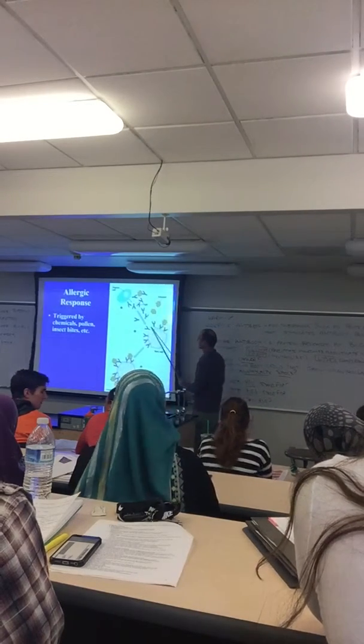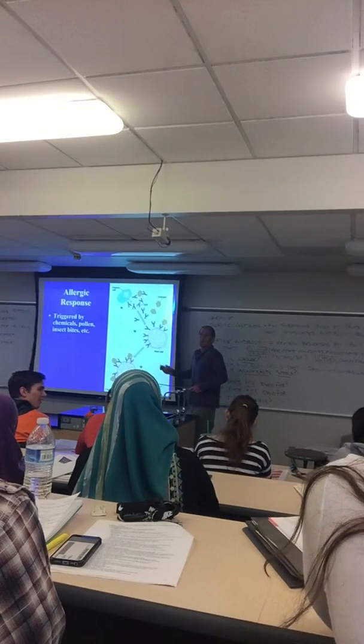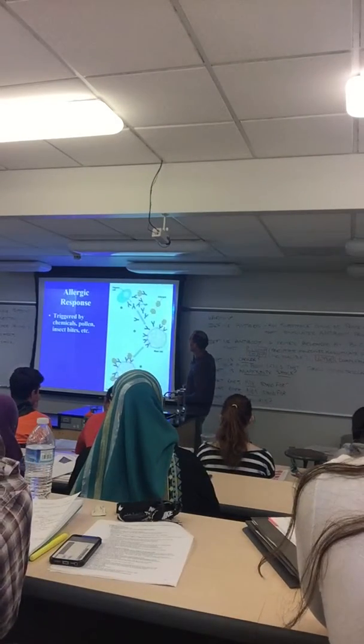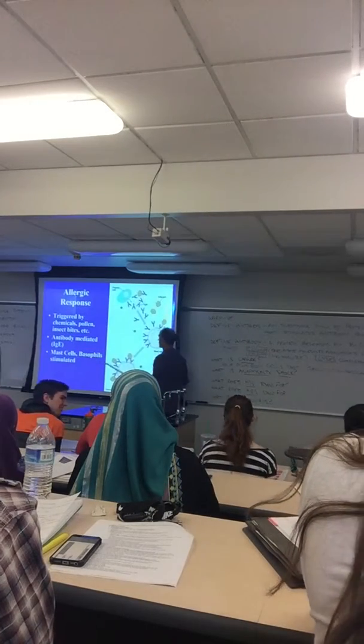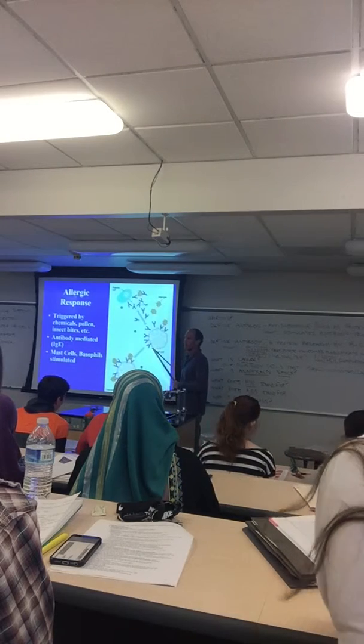The allergies are driven by antibodies. The antibodies are shaped to pick up the pollen, which is good. They're supposed to fight the pollen. But if you overreact, then that's not so good. So it's antibody mediated, and they're driven by mast cells. Mast cells are basically basophils that live in tissues.